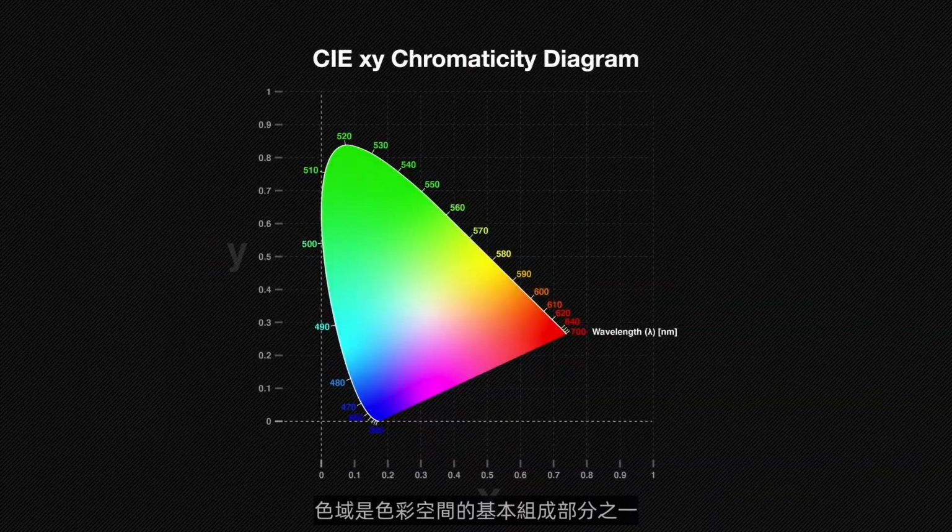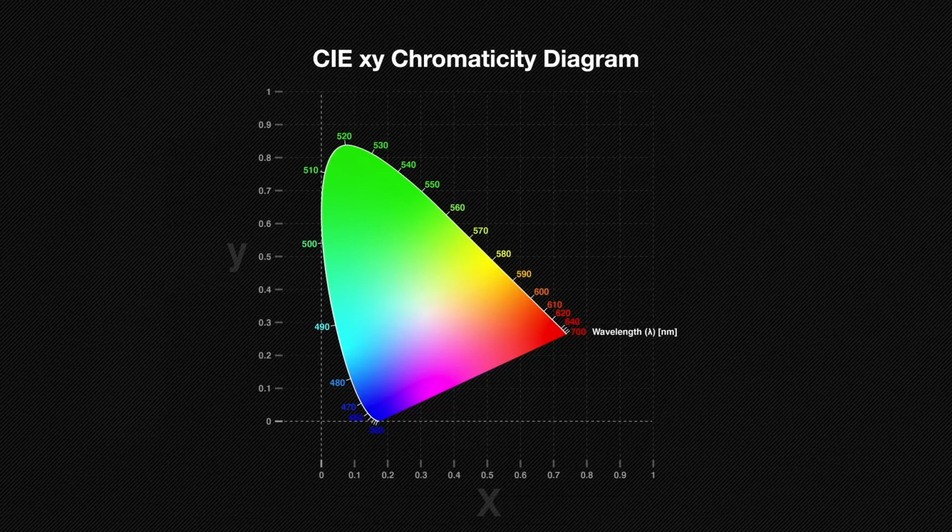The gamut is one of the fundamental components of the color space, as it defines the actual space boundaries. But before going deeper into our RGB color spaces, I think we should analyze further the chromaticity diagram, as it will define several aspects of our color spaces.